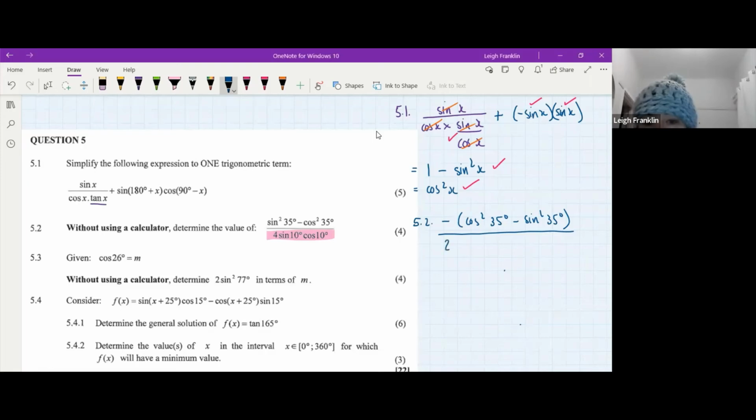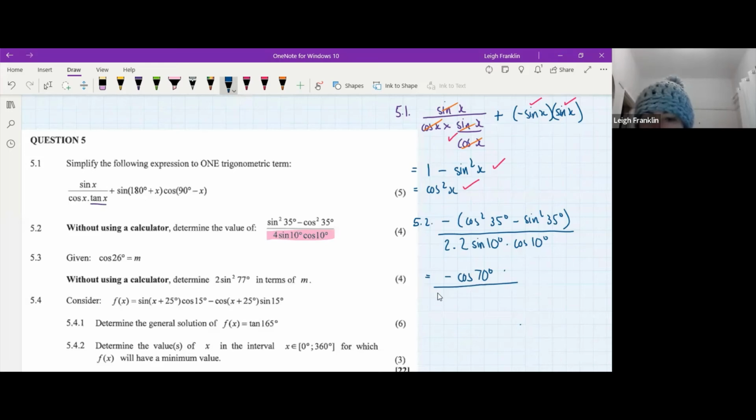Okay, so that's what we're going to do here. 2 times 2 sine 10 cos 10. So now at the top, we have got negative cos 70.